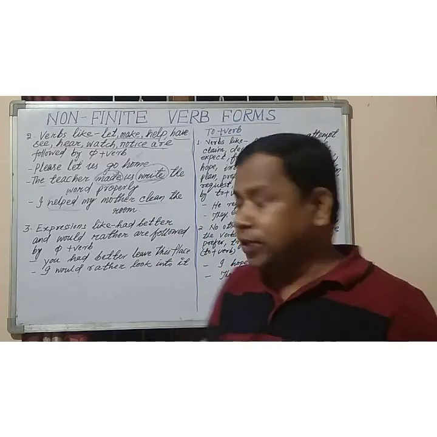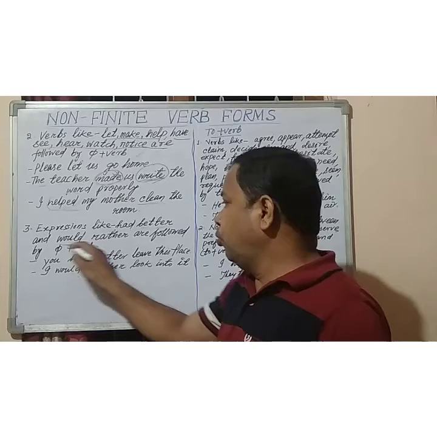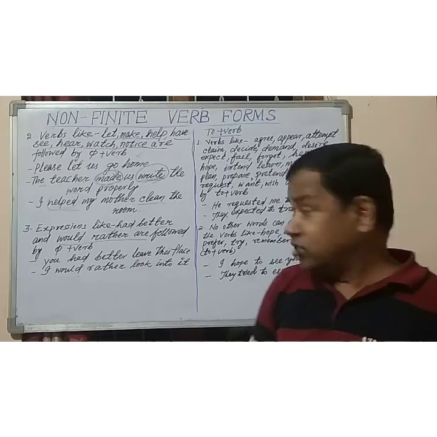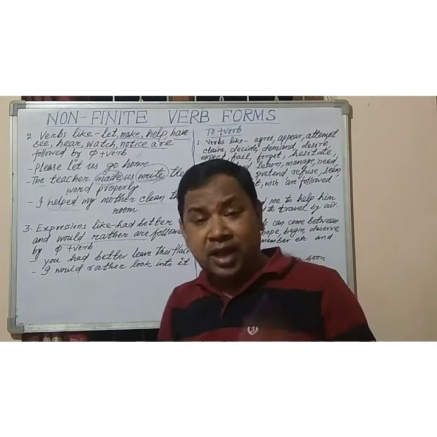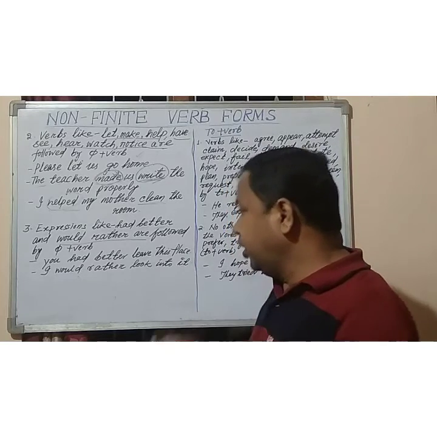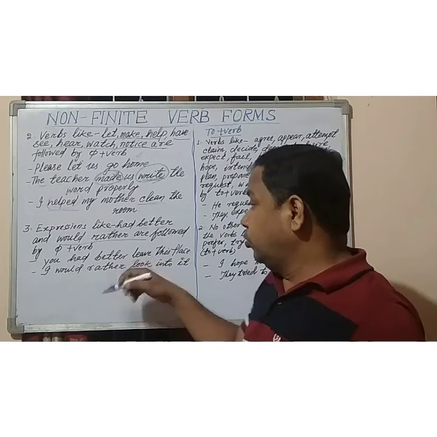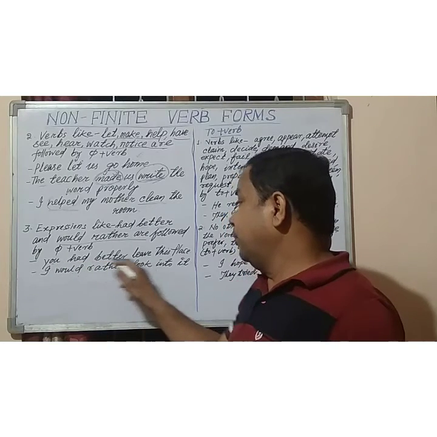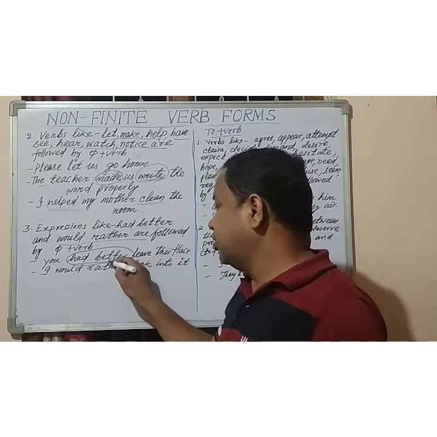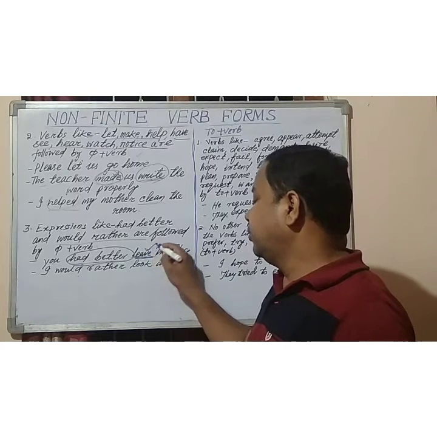And the third point, you see here, expressions like had better and would rather are followed by null plus verb. That means if there is had better, then after had better we have to write only the non-finite verb without to. So you see this example, you had better leave this place. The expression is had better, and the following non-finite verb is leave.